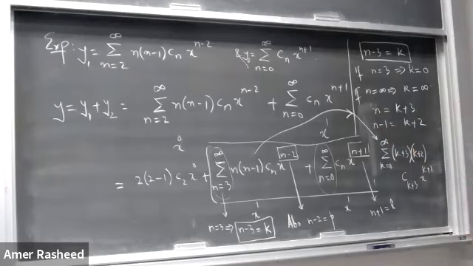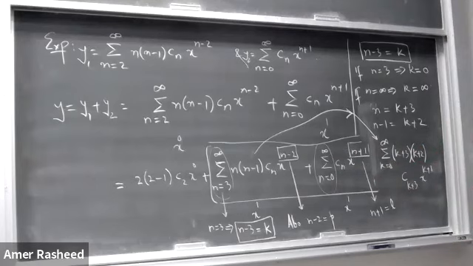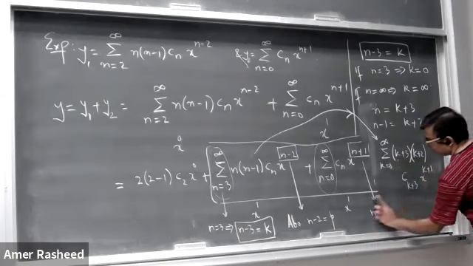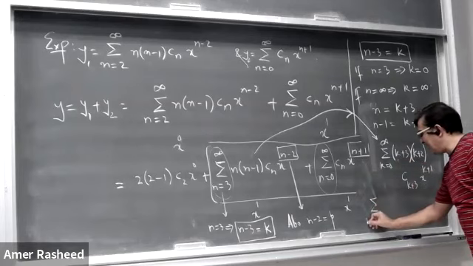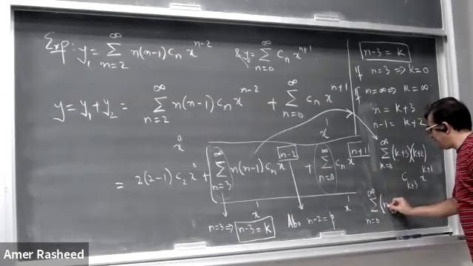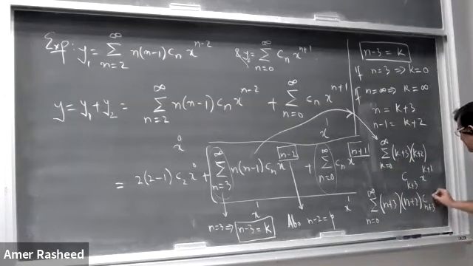Now you can see that this series is now identical to this series. How? k is a dummy index. We can change k to n. We can write n in place of k: n from 0 to infinity, n plus 3, n plus 2, c n plus 3, x power n plus 1.